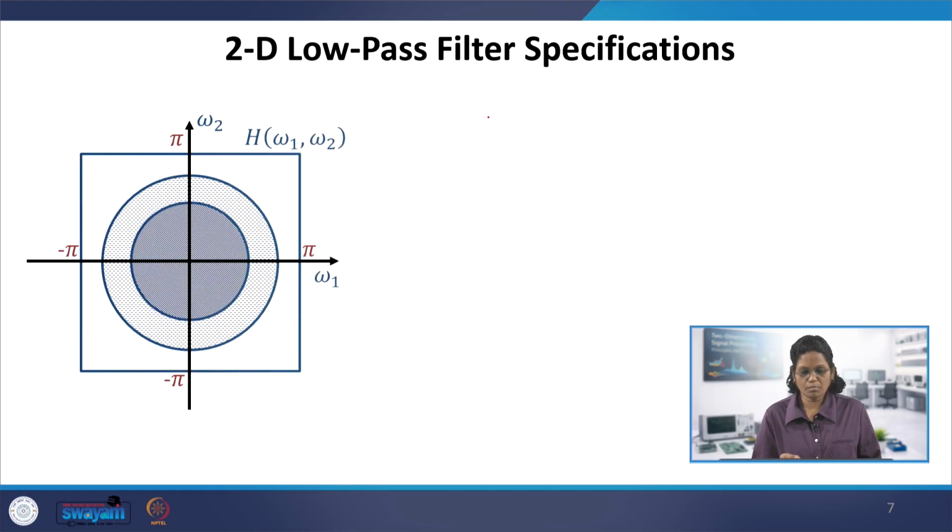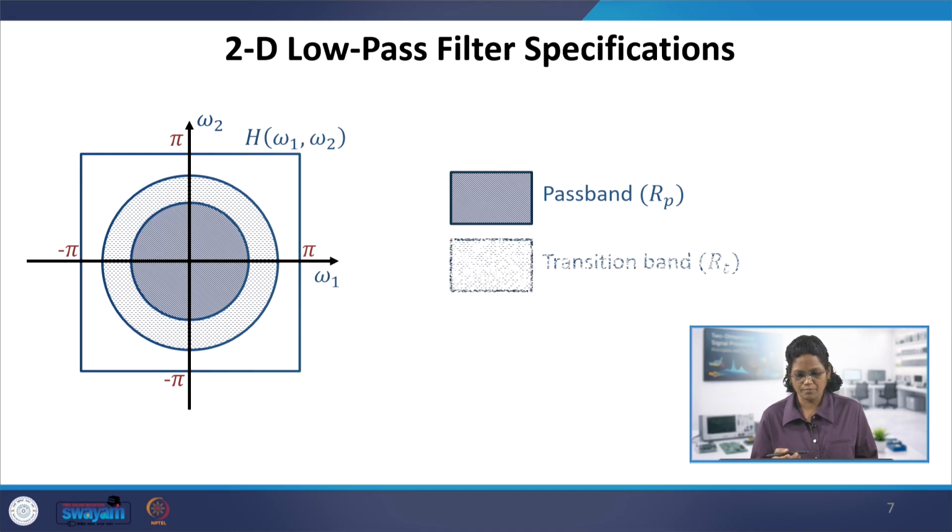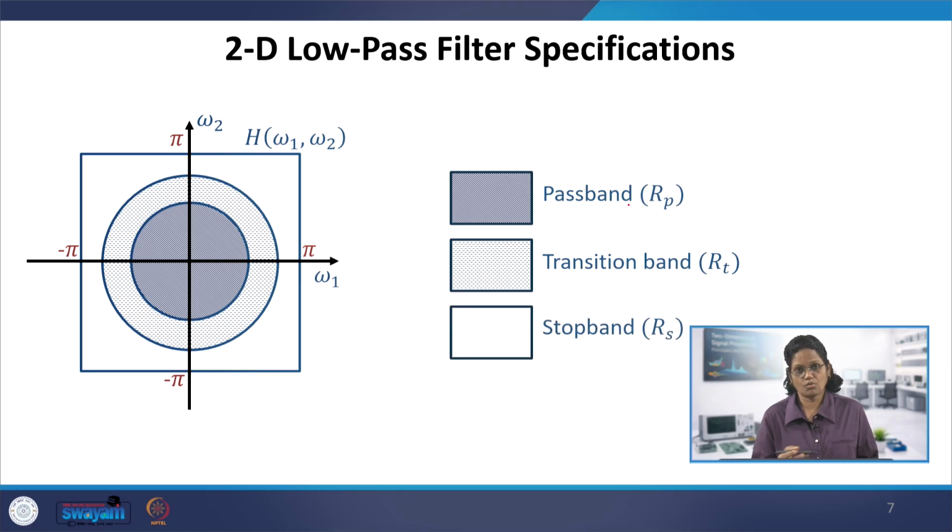Take the low pass filter specifications like the ones we did for the circularly symmetric case. We have omega 1 and omega 2, and h of omega 1 omega 2 is a function of them. The filter specification has tolerances or ripples, delta p in the pass band and delta S in the stop band, as we saw in the 1D cases.